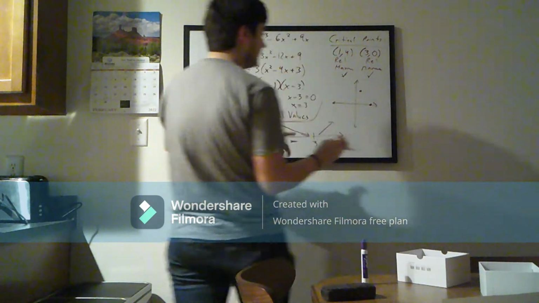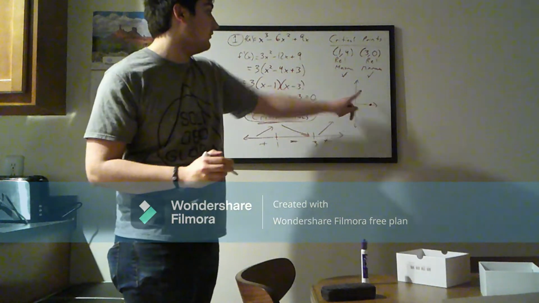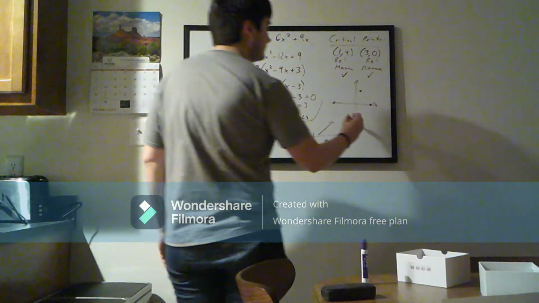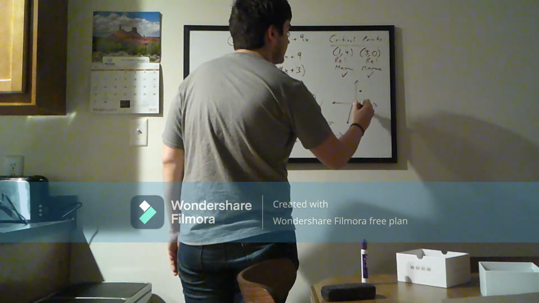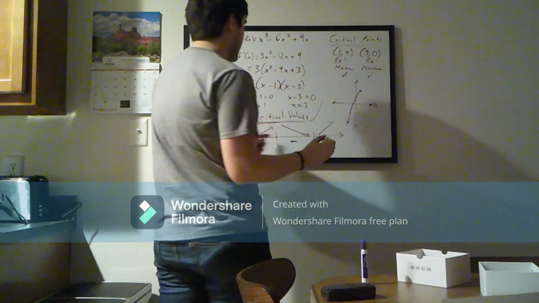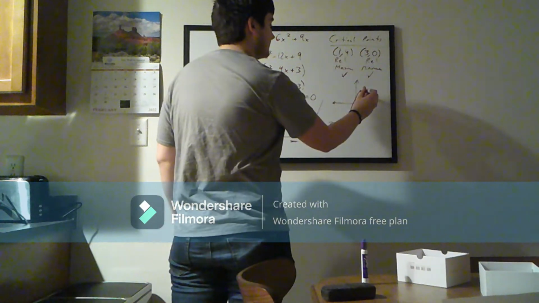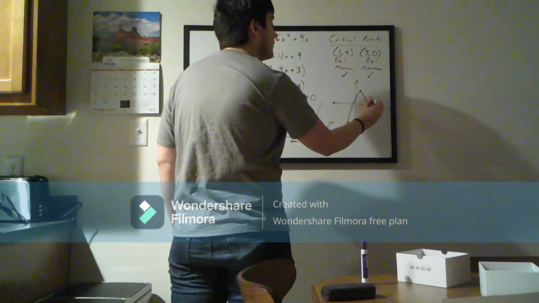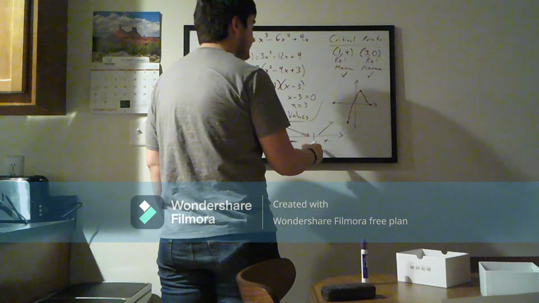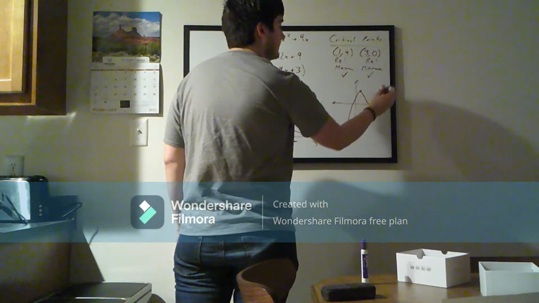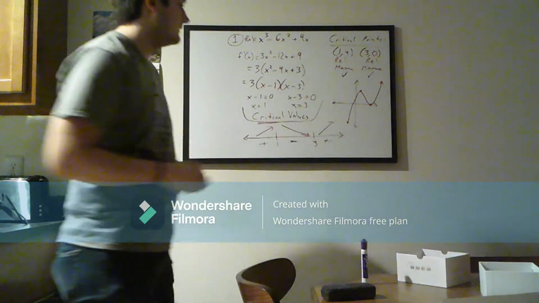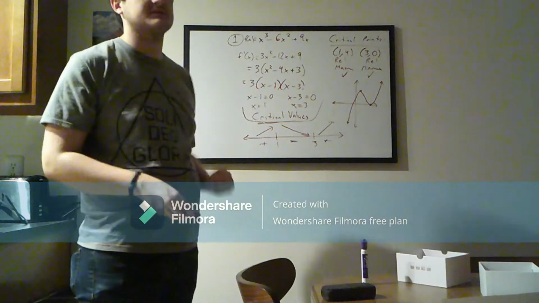So about here. And we know before 1, 4, we are increasing. So we're doing something like this. After 1, 4, we're decreasing. And before 3, 0 as well. And then after 3, 0, we are increasing. So it looks just like that.